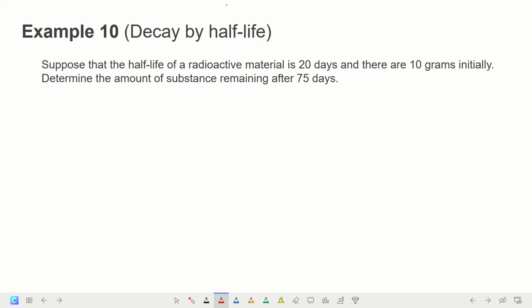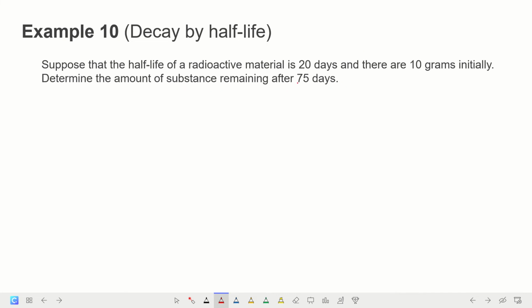Example number 10 for the decay by half-life. Suppose that the half-life of a radioactive material is 20 days and there are 10 grams initially. Determine the amount of substance remaining after 75 days.